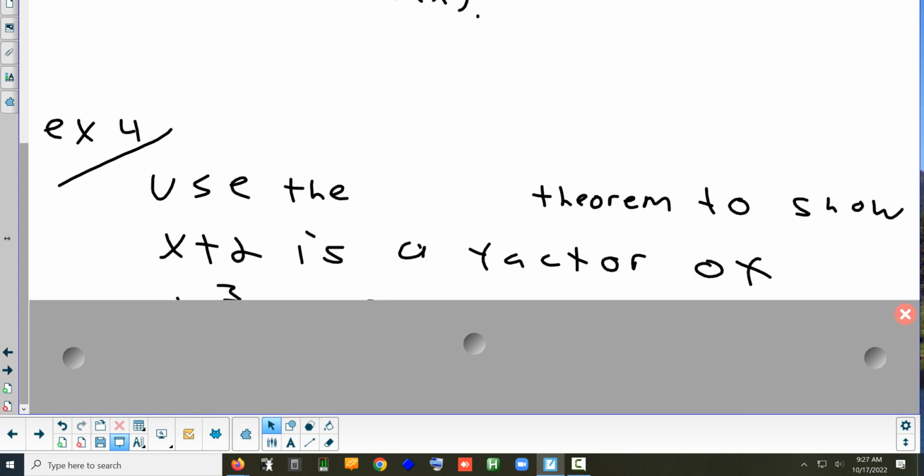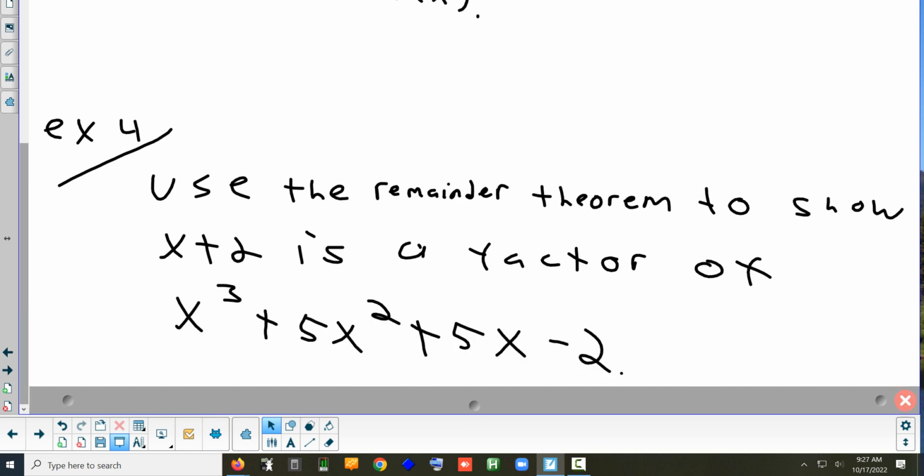So let's use the remainder theorem to show that x plus 2 is a factor of that. Now, one way to show it's a factor is to do a long division. I don't want to do the long division. I just want to use the remainder theorem. To use the remainder theorem to show that something is a factor, you need to show that you get a remainder of what? 0.